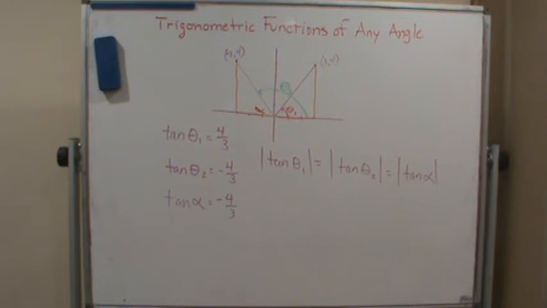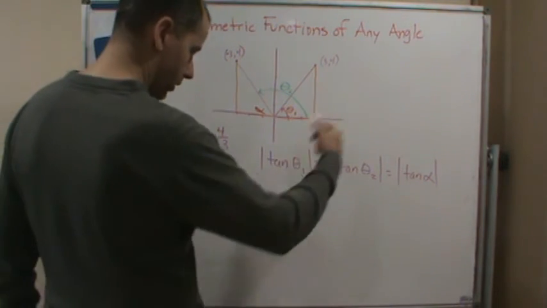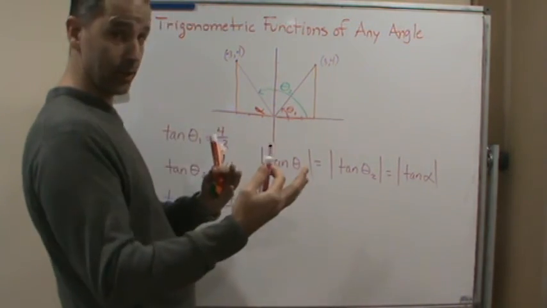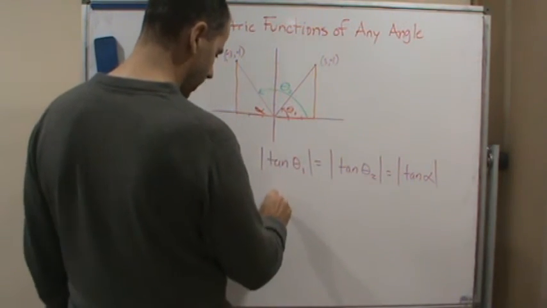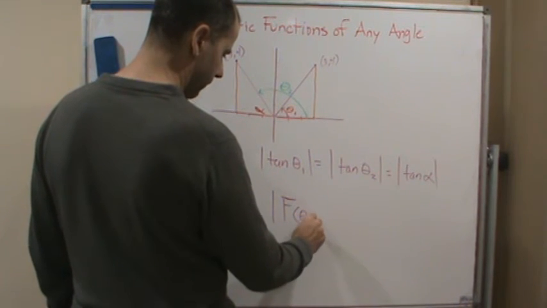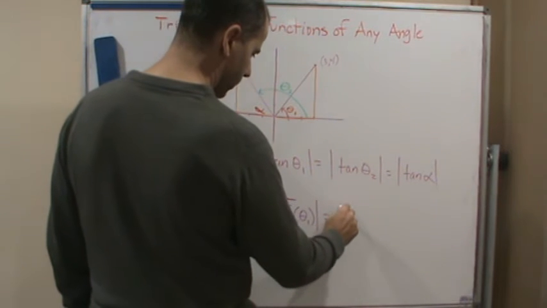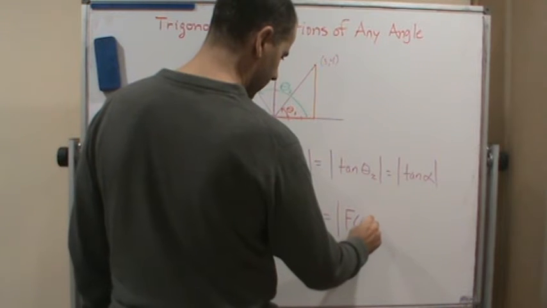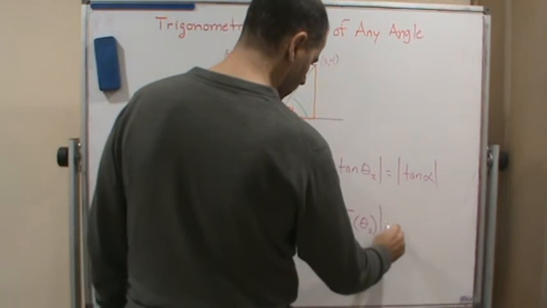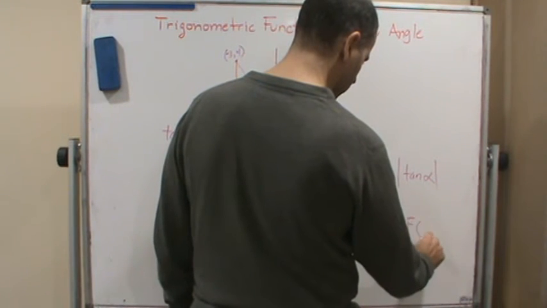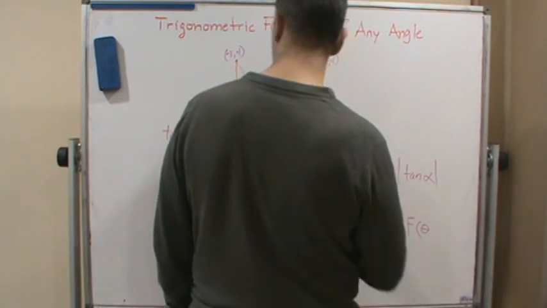In fact, we can expand this and say, if we use capital F of theta as a trigonometric function, so any trigonometric function, the absolute value of F of theta 1 is equal to the absolute value of any trigonometric function of theta 2, which is equal to the absolute value of the trigonometric function of alpha.